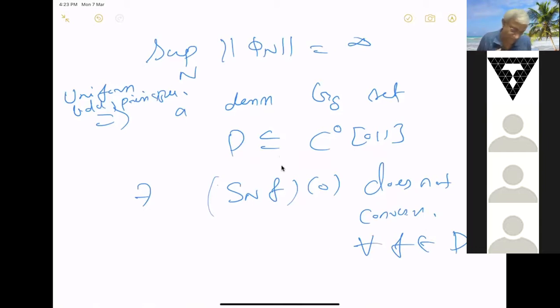If it's not fine, you look at the notes. I have written everything, more or less, clearly, at least this time. I didn't really follow any book for this. But if you search the internet for uniform boundedness principle and Fourier series, you will get hundreds of notes.